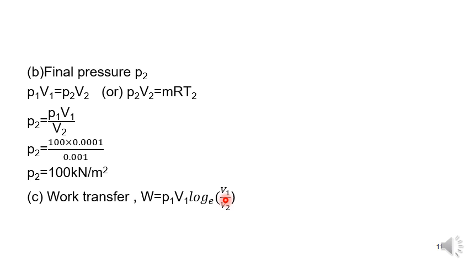Here they have given the compression. The actual formula is P1 V1 log_e V2 by V1 in an expansion process, but here it is compressed, so I am writing this formula as P1 V1 log_e V1 by V2.